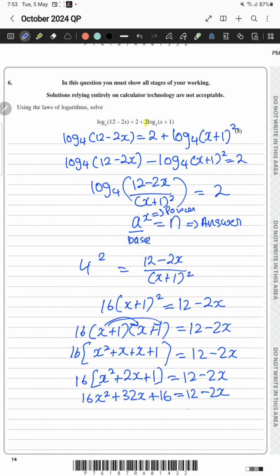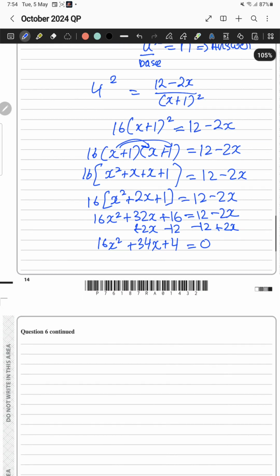Plus 2x on both sides, minus 12 on both sides. This is going to be 0, since it's going to be quadratic. So 16x squared, 32 plus 2 is plus 34x, and 16 minus 12 gives us plus 4.